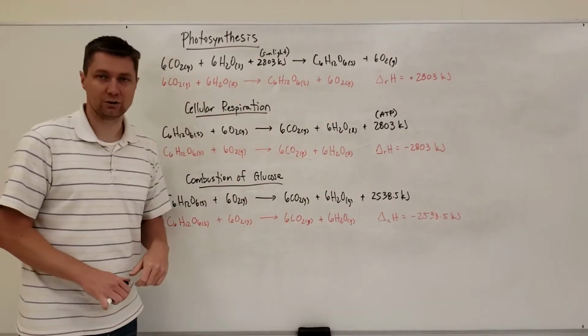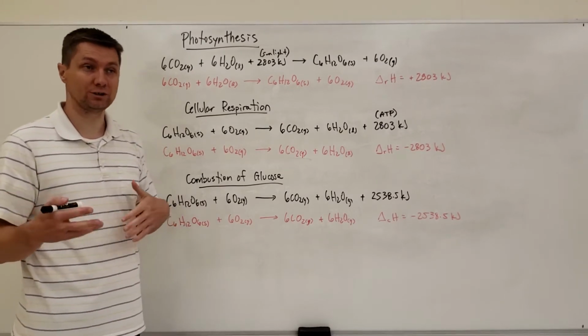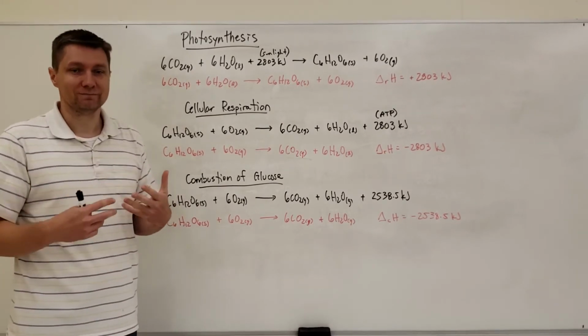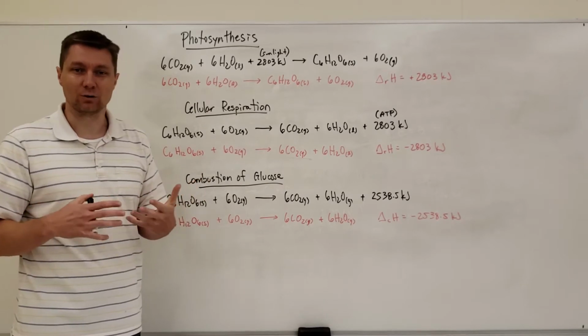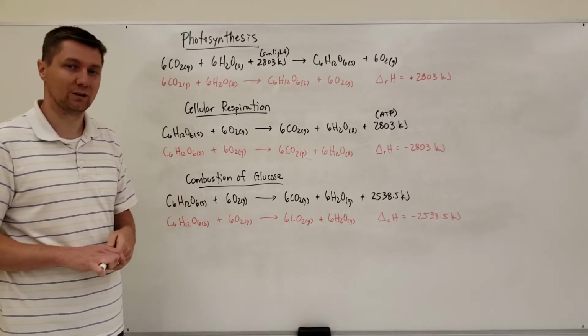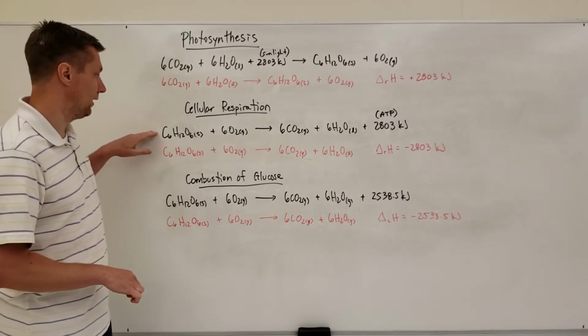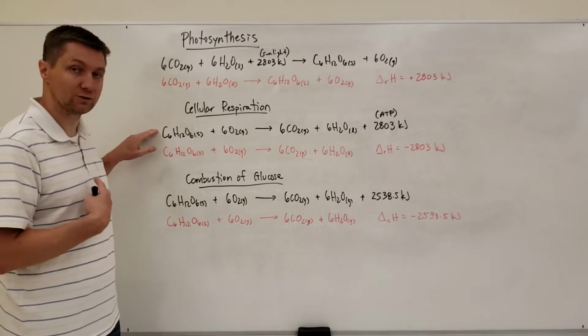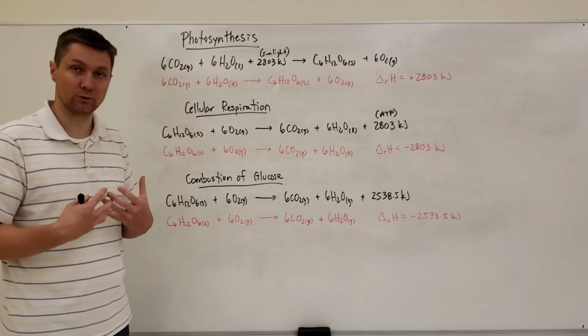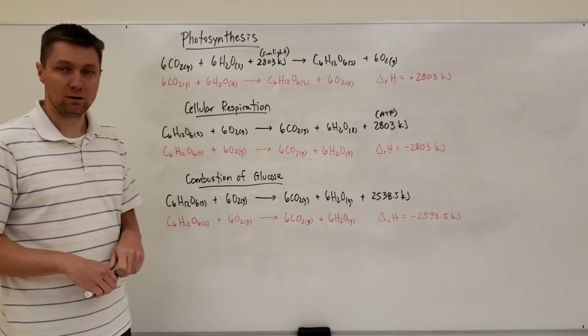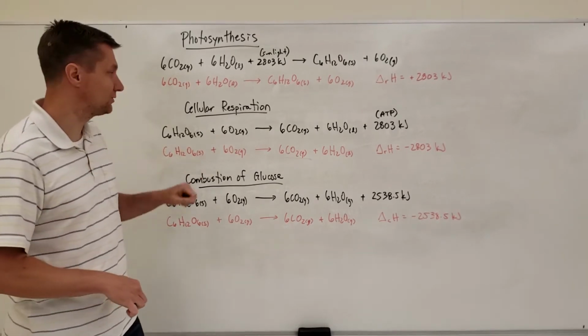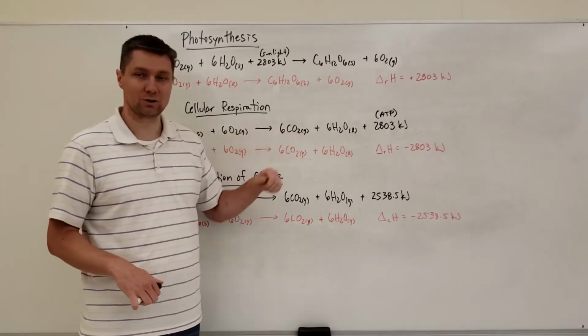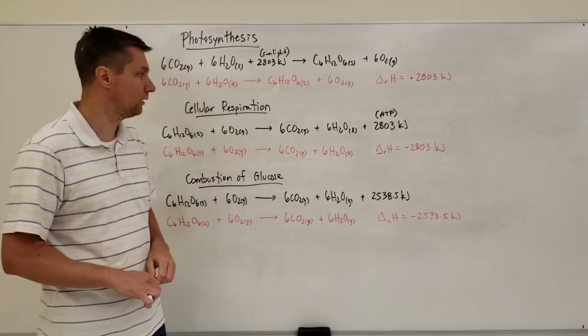If we take a look at cellular respiration, in basic terms it's basically the opposite of photosynthesis, in that animals, for example, take in glucose or food into their body. They burn it by breathing in oxygen. That reaction takes place and produces carbon dioxide and liquid water.